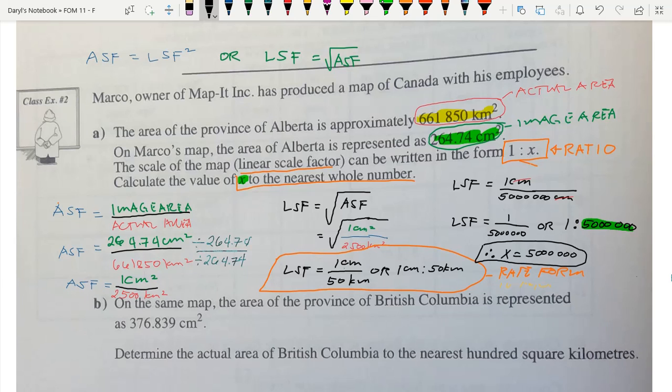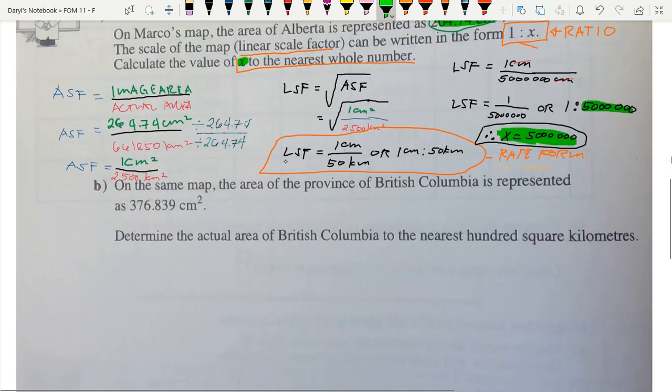Okay, so that's how you answer your letter A question. If you know the area scale factor, it also follows that you know the linear scale factor. So let's take the second question here.